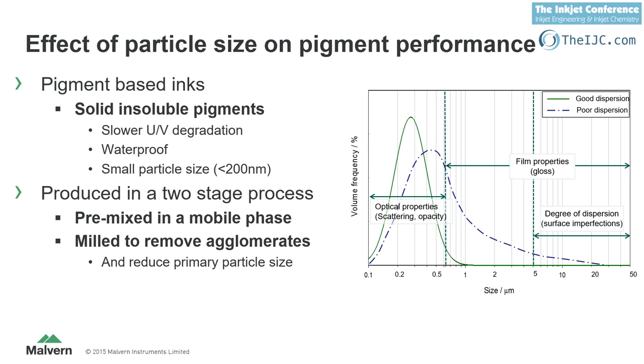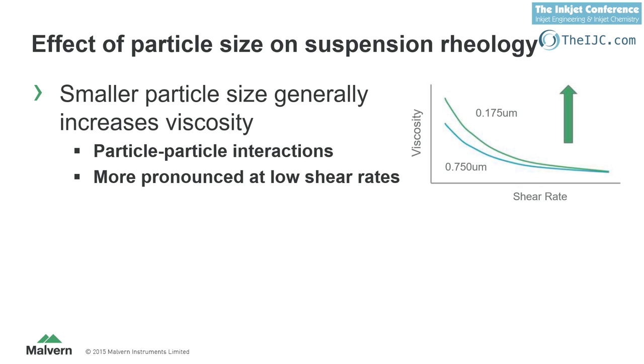And another reason we might want to look at the size and the particle size distribution is the effect that it can have on the suspension rheology. So the viscosity of a suspension of particles will depend on the size of the particles in that suspension. And in general, the smaller the particles, the greater the viscosity of the suspension.